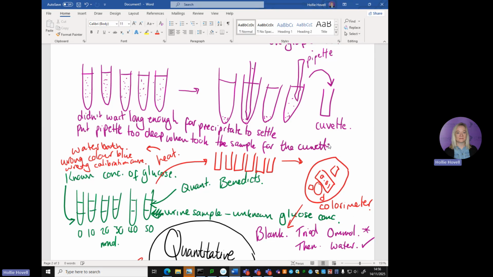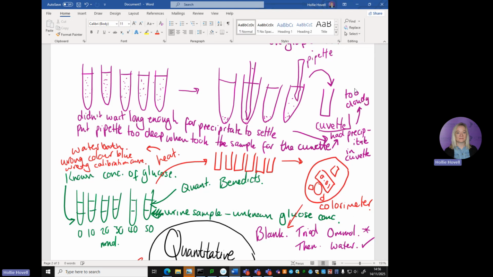And either way, what that meant was that you had precipitate in the cuvette. And the effect then of that is that it was too cloudy.